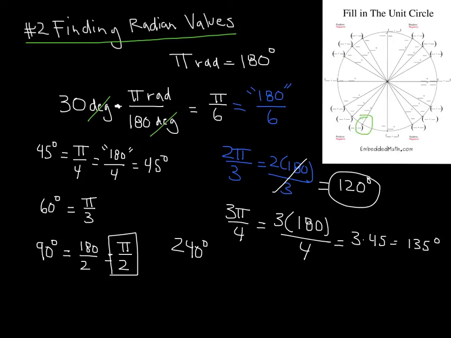That's 240. How do we know? Because south is 270, and this little wedge right there always represents 30 degrees. These smaller wedges are 15 degrees. Hopefully you figured that out. So if you do 270 and you go backwards 30, you're at 240.